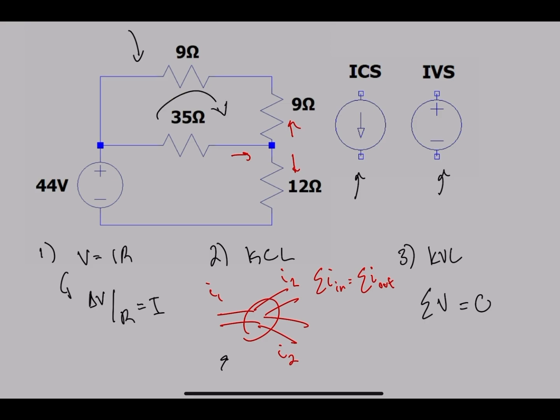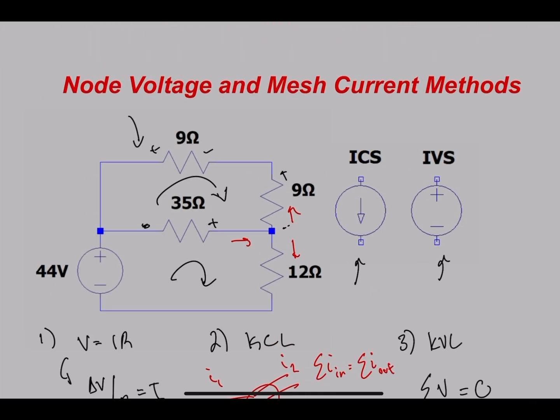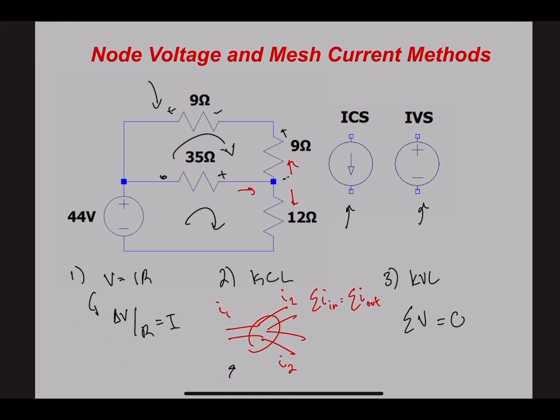As an example, if we have a closed loop, such as this one, and we assign polarities to each of these components, the sum of these voltages, when added together, will sum up to zero. The same thing with this loop, same thing with the outer loop, and so on.